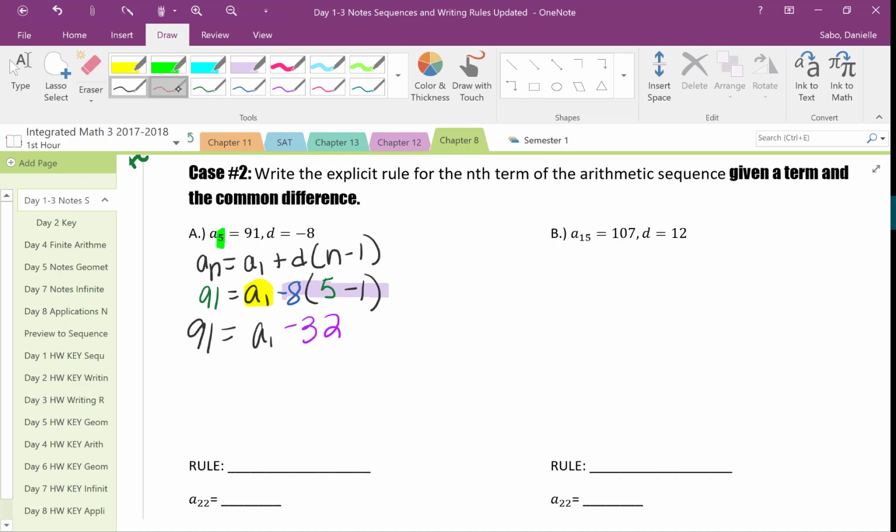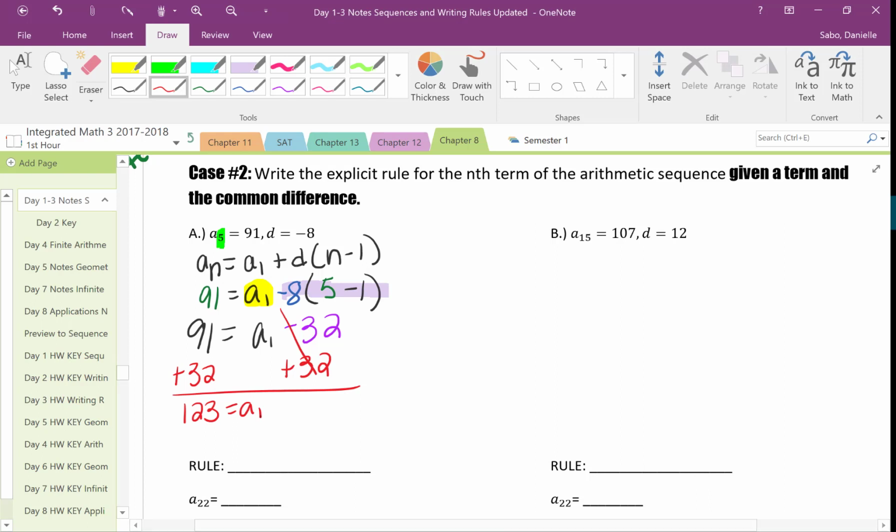Add 32. And our final answer? It was negative, so when you add that, you get 123. Yes.